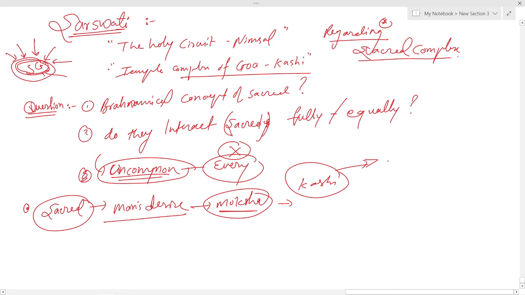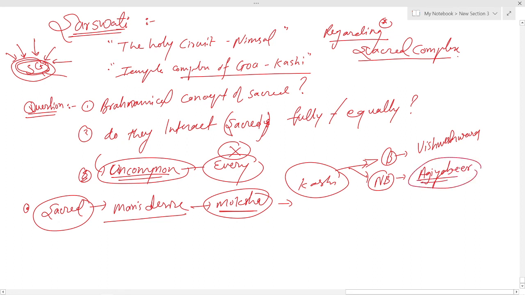First there is the Brahminical temple of Vishveshwara, and second, the non-Brahminical temple of Agyabir also exists, and the textually learned Karmakandi and illiterate untouchable Domto conduct sacred performance together.